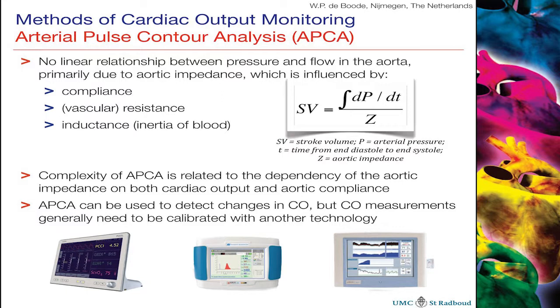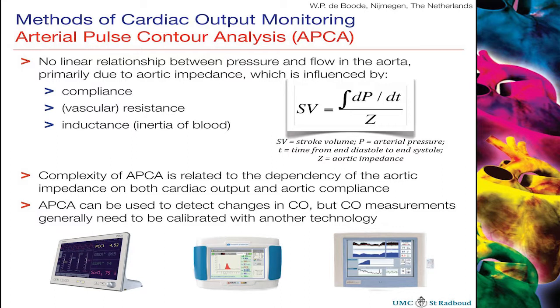But maybe we can use it together with other methods of cardiac output measurement. Like in the PiCCO, the COstatus, the ultrasound dilution, and in the LiDCO, you can measure cardiac output in an invasive way and calibrate arterial pulse contour analysis. So you measure cardiac output in an accurate invasive way and use that to calibrate your arterial pulse contour analysis.